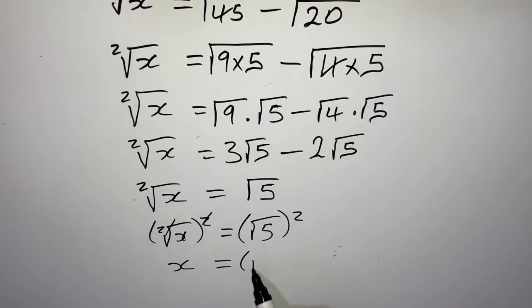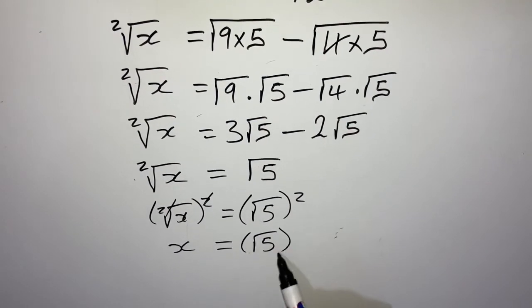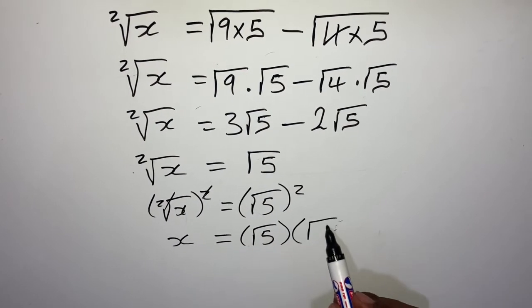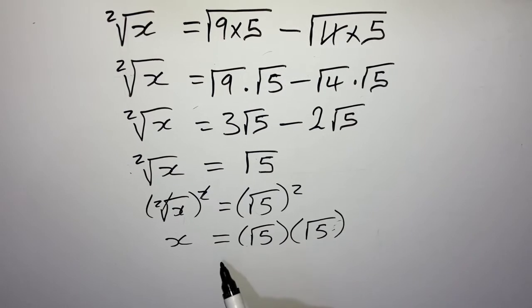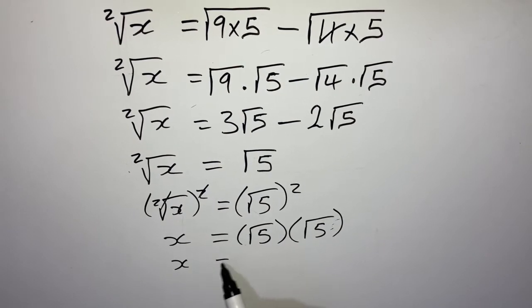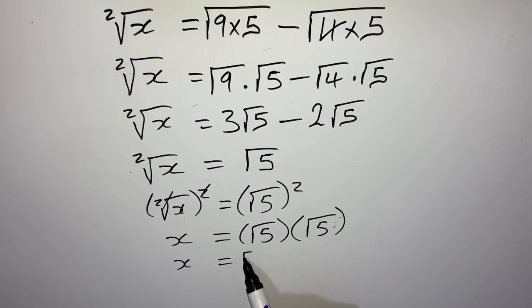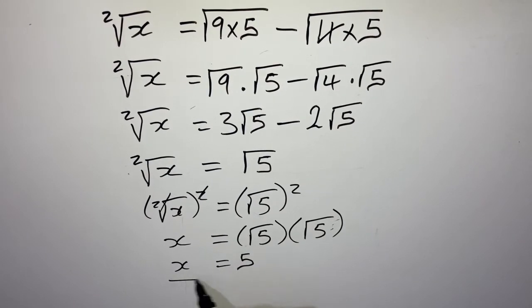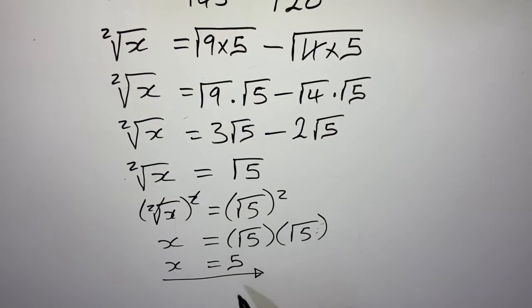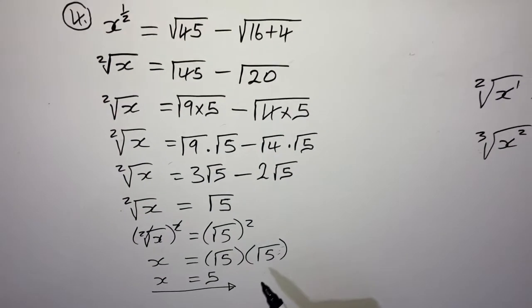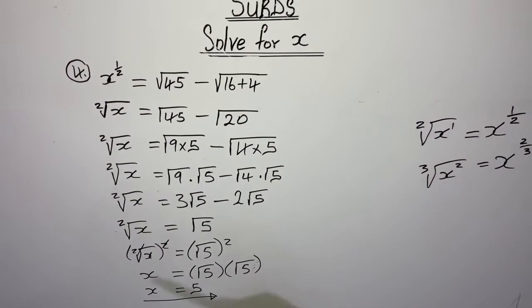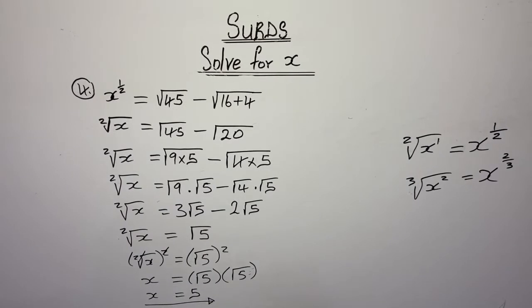So I'll have a root of 5 times the root of 5, of which that will give me root of 5 times the root of 5. My answer will be a 5. So we are done with this sum. The x value for this sum is 5.